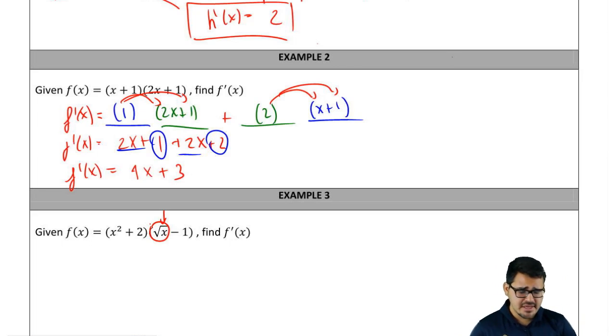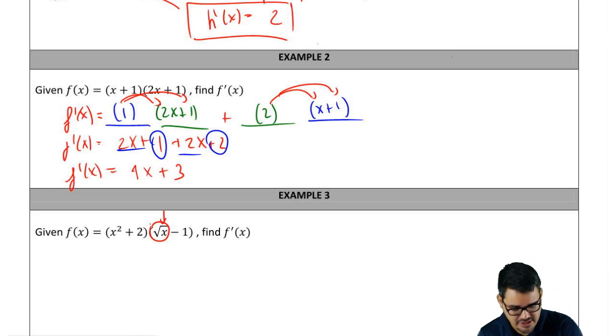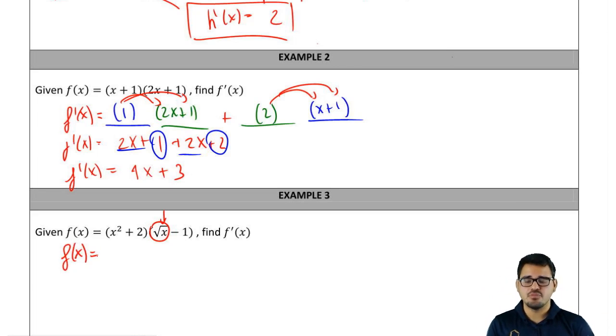So before I even start deriving, before I even use my product rule, I'm going to change it from a radical to an exponent.